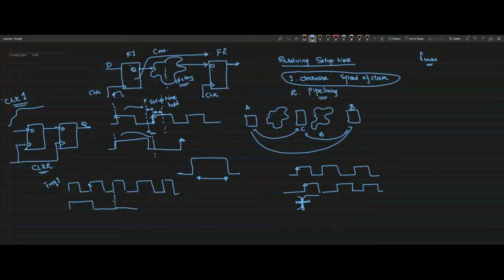And assume here one more data. I have another slower clock, and you have further clocks here also. I have another slower clock which is of half the frequency of this.